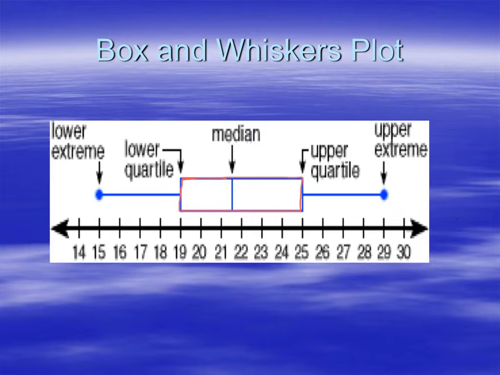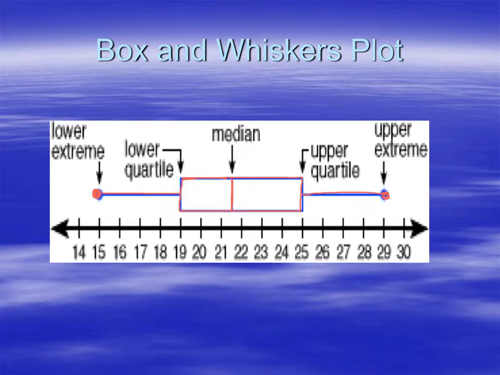The inside of the box is marked, and that is the median, which in this case looks to be about 21.8 or so. That can be anywhere inside the box. It's not necessarily right in the middle. And then we've got what they call the whiskers that go out on each end, and they go out as far as the lower extreme, which is the minimum value, and then out to the maximum value on the upper end.